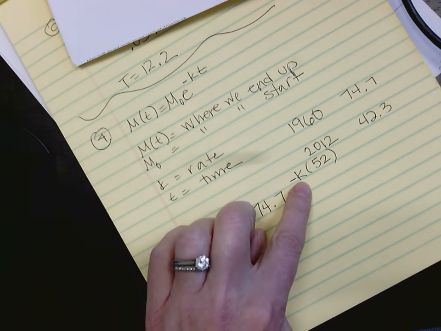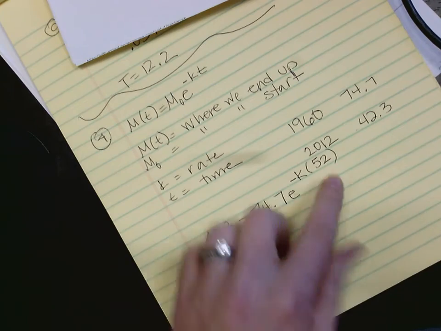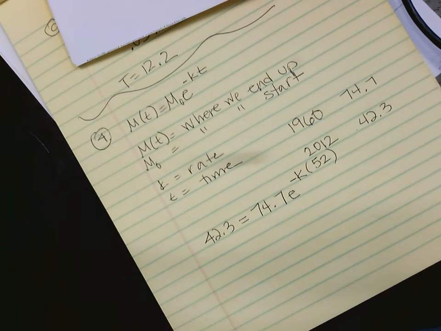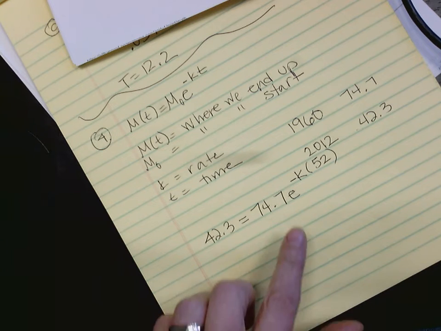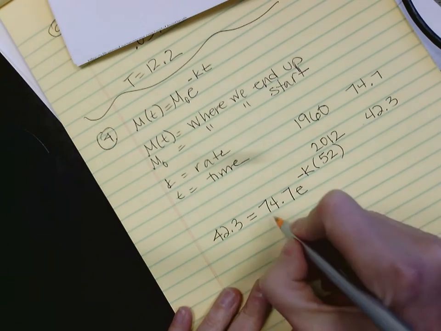Now, since I'm solving for K, remember, anytime you're solving for a variable that's in the exponent, at some point you are going to ln both sides, because that's what brings things out of the exponent so you can solve for them. Before I do that, I'm going to divide both sides by 74.7.